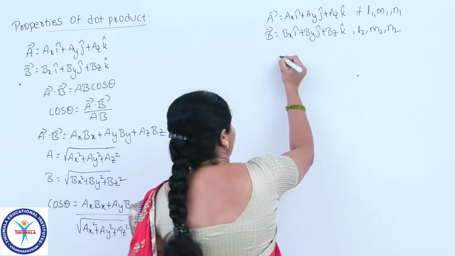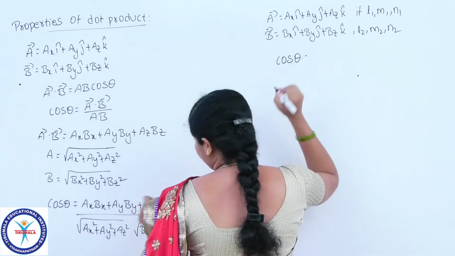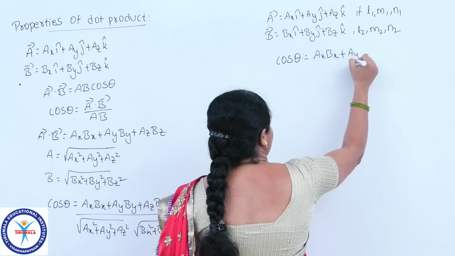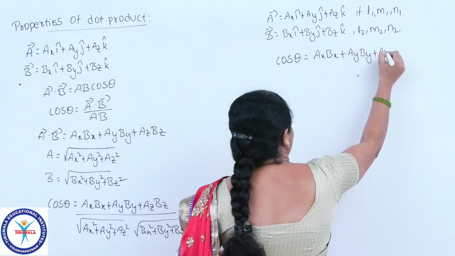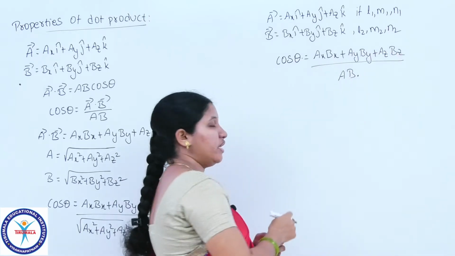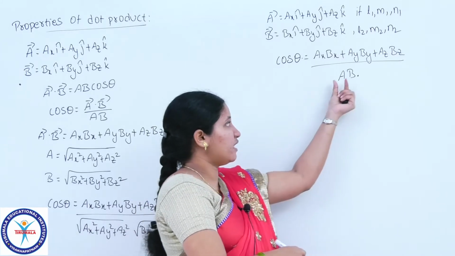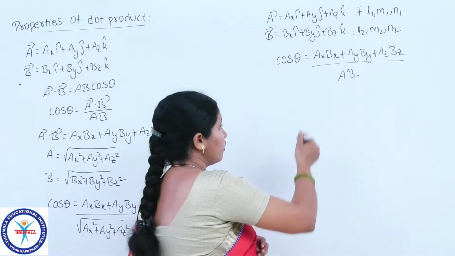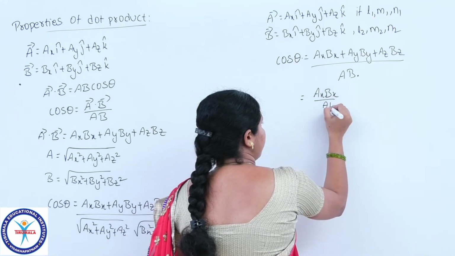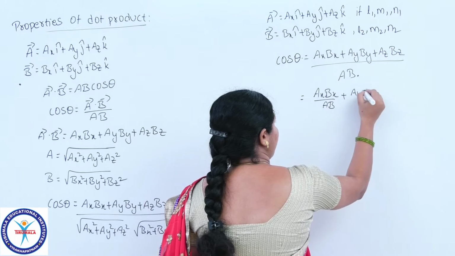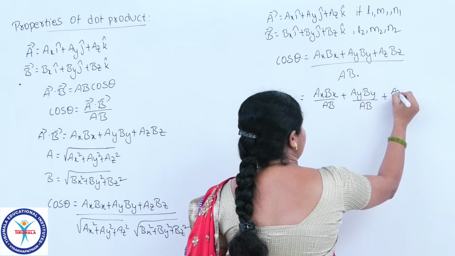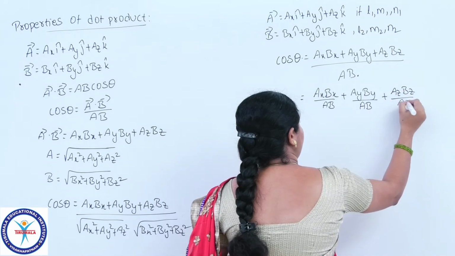Already we can write cos theta is equal to Ax into Bx plus Ay into By plus Az into Bz divided by the product of their magnitudes, that is A into B. We can write this as Ax into Bx by AB plus Ay into By by AB plus Az into Bz by AB.